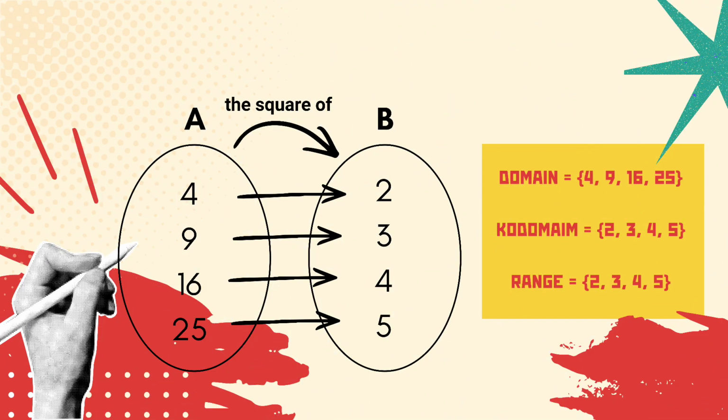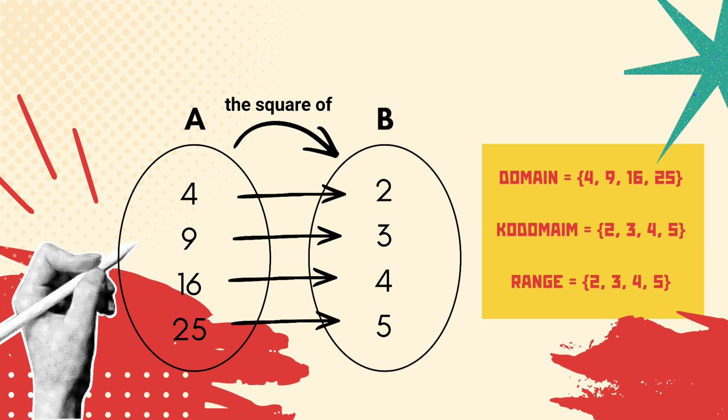Okay, so in relations, we need to know about domain, codomain, and range. The domain is the set of all first elements. The codomain is the set of possible second elements. And the range is the set of elements in the codomain that are actually related.